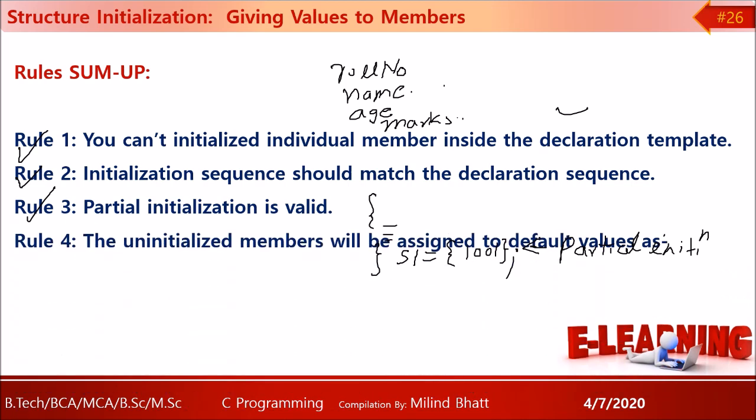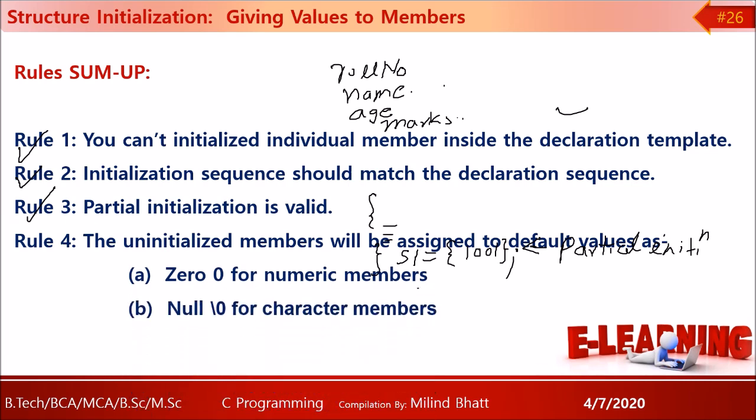See, the uninitialized members will be assigned default values. What are the default values? 0 for numeric members and null for character members.